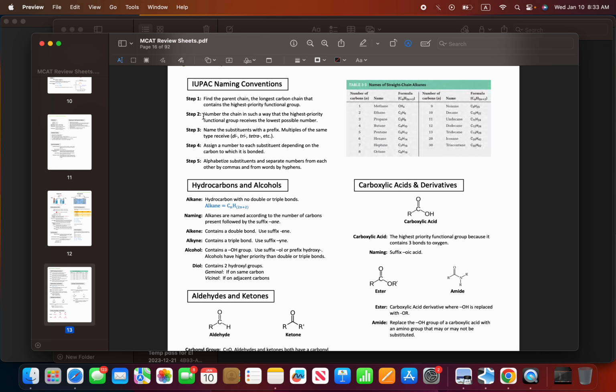Then step 2, you have to number the chain in such a way that the highest priority functional group receives the lowest possible number.